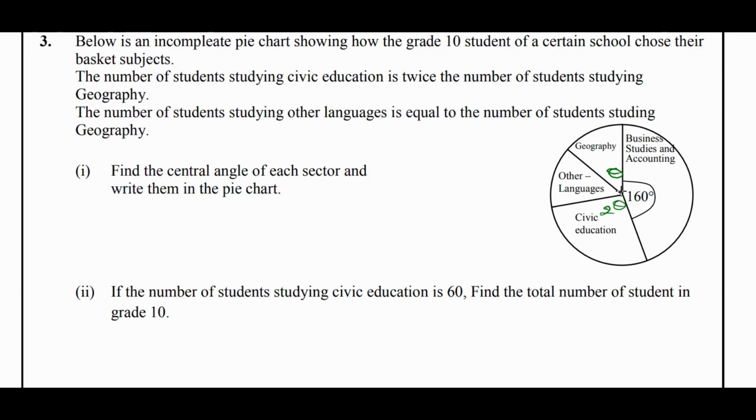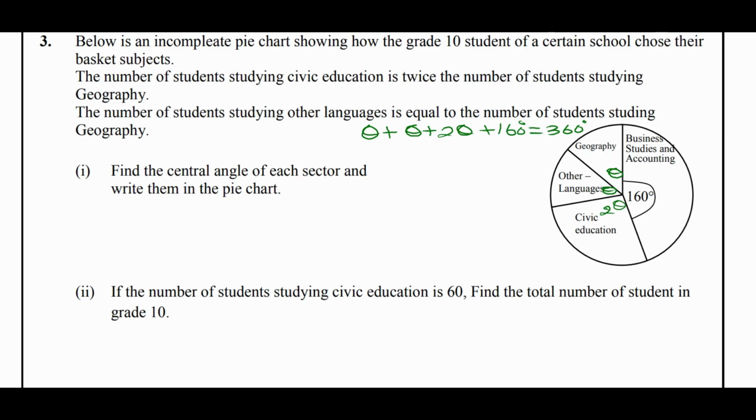And the number of students studying other languages is equal to the number studying geography. Then this should definitely be theta. Then I can calculate theta by using this equation: theta plus 2 theta plus 160 equals 360 degrees.